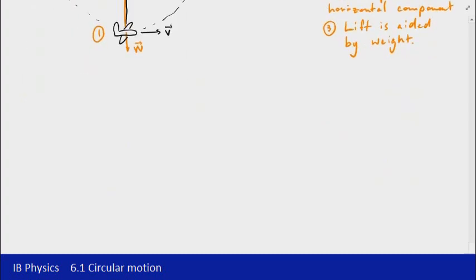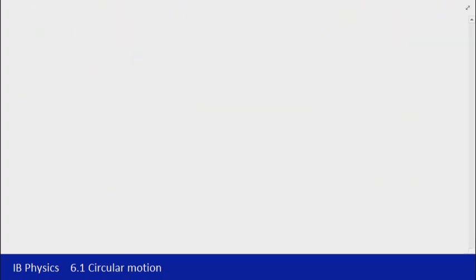So one other thing, or two other things that are useful to note here. Weight's always vertical, and again keep in mind that we're dealing with these situations as simply as we possibly can here.